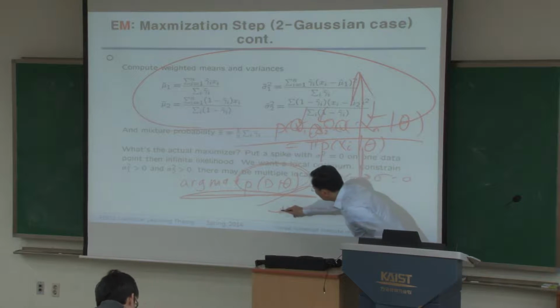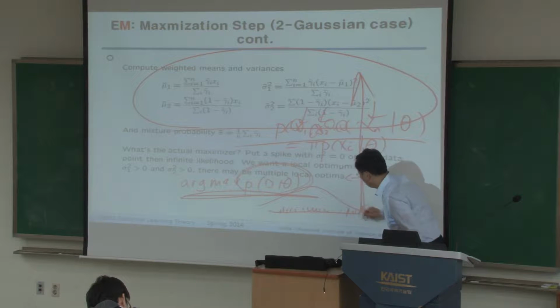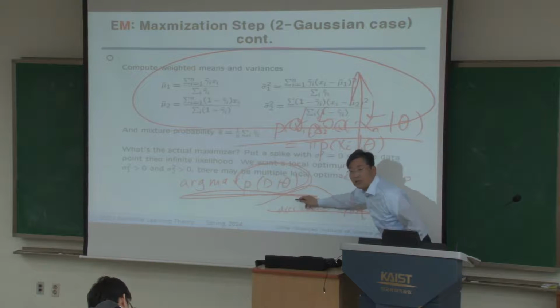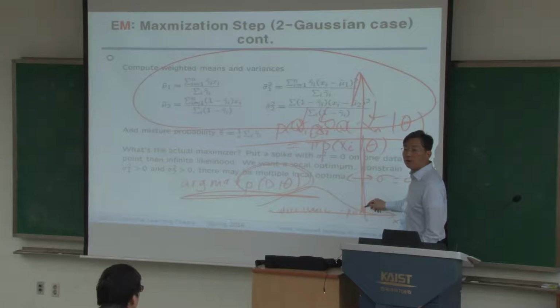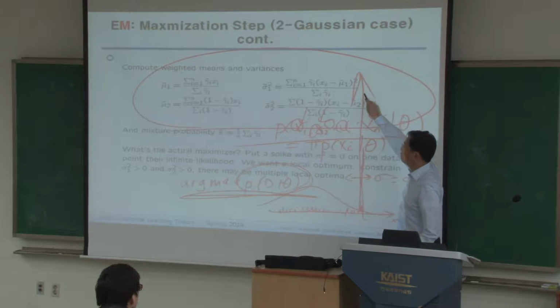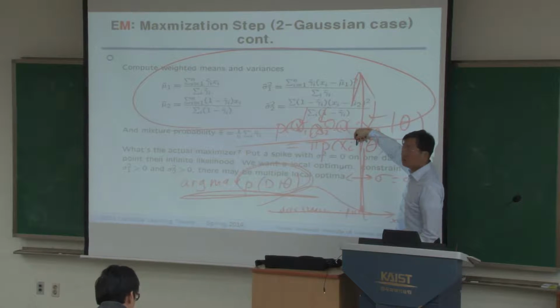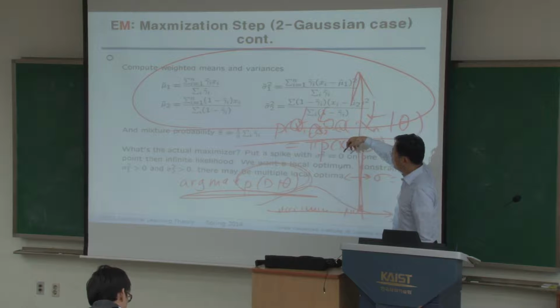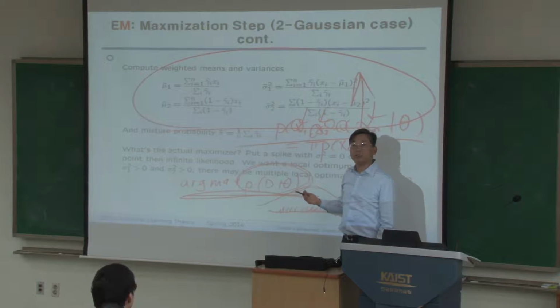So this one would have some finite probability under this Gaussian. So all of that is multiplied by one of them, which goes to where? Infinite. One of them will be infinite. So what would happen? But I'm maximizing. That's one way of maximizing.